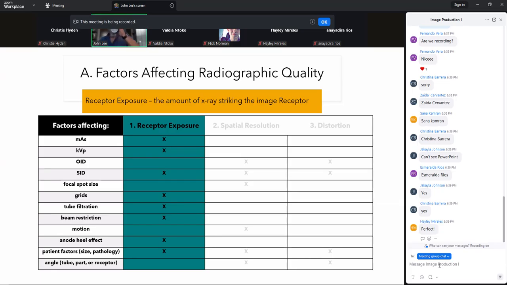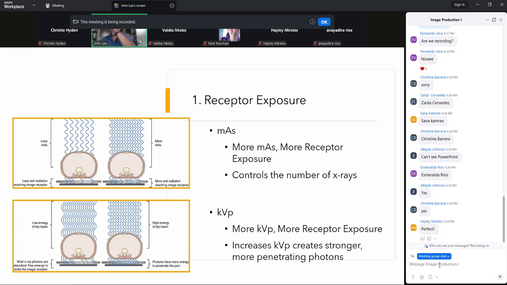All right. So we'll get these factors here one by one. mAs is what we think of as the controlling factor for receptor exposure. It determines the quantity of radiation that's going to be used during an exposure.